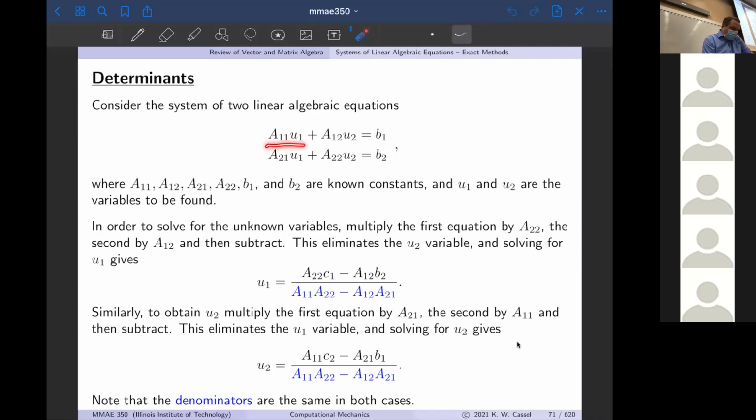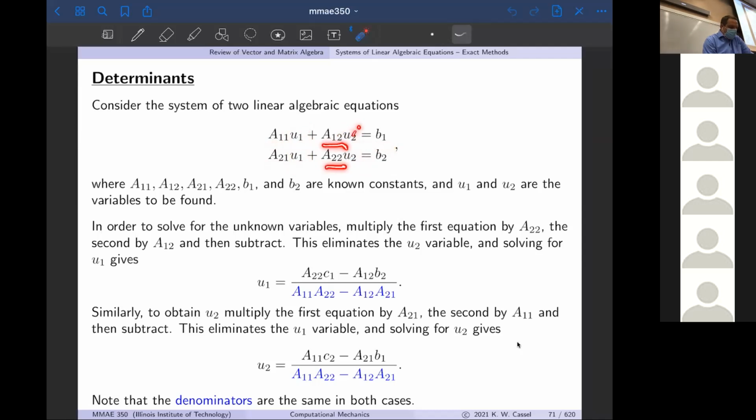If I look at these and I say, well, to get an equation for U1, I have to eliminate the U2. I have to get rid of these U2s. To do that, let me multiply the first equation by A22 and the second equation by A12, and then subtract them.